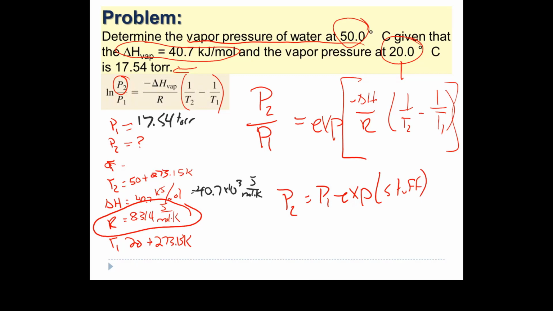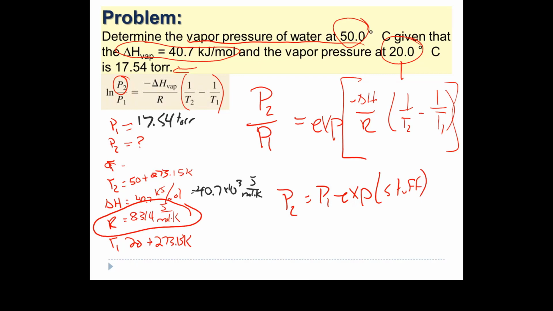So can we see that the energy units will cancel out, and we'll have a 1 over Kelvin there, and then what about temperature over there? We've got Kelvin, so those cancel too. Right? So what is the unit inside the exponential? Nothing. There's no unit at all in there, right? So the only unit present is the unit of pressure, so it can be whatever you want it to be.